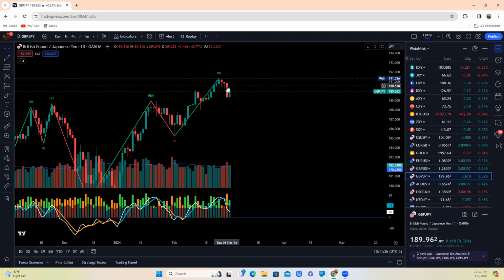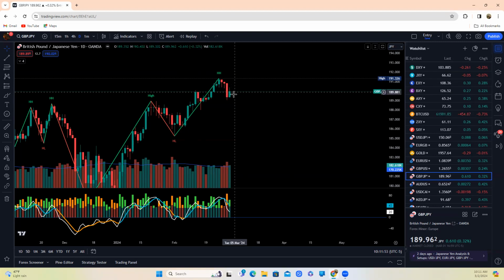So if the current price of this daily candle is lower than the opening price, which is right here, then the candle is going to be red. If the price is higher than the opening of the candle, then the candle is going to be green. Just want to make sure you understand that to put everything into context, right?